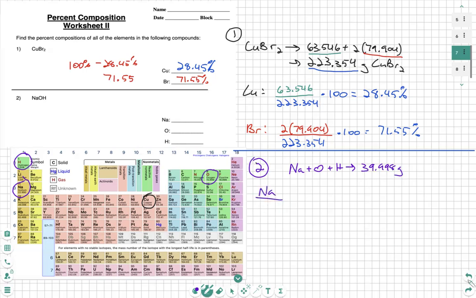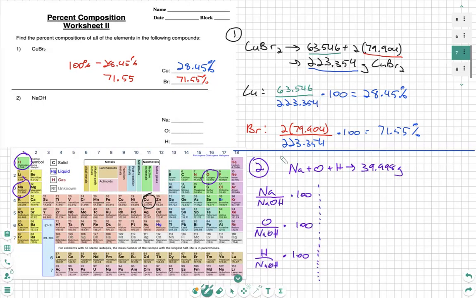Now to find all the other ones, let's break them down. We're going to have sodium, Na, all over our entire compound, NaOH, times 100. Then we're going to do oxygen over NaOH times 100. And then we're going to do hydrogen over NaOH times 100. And that's it. So now that we know all of that, let's start plugging and chugging.